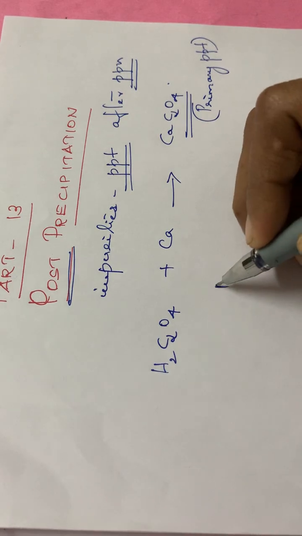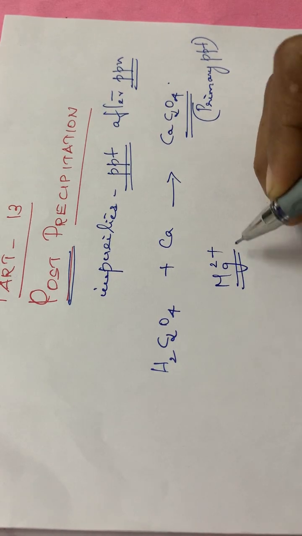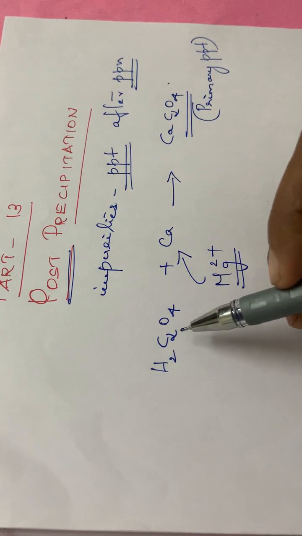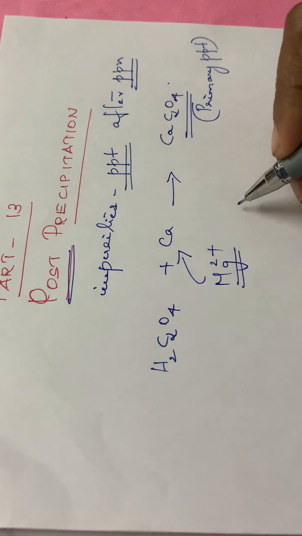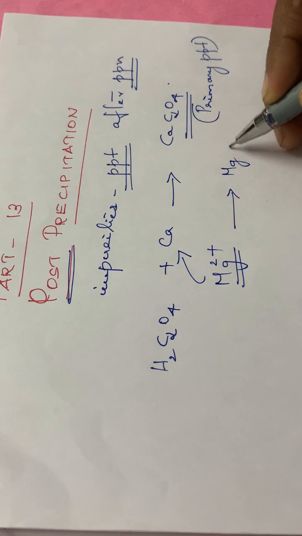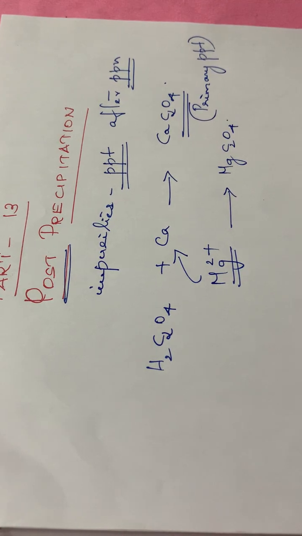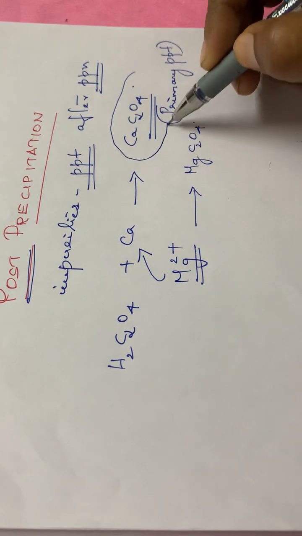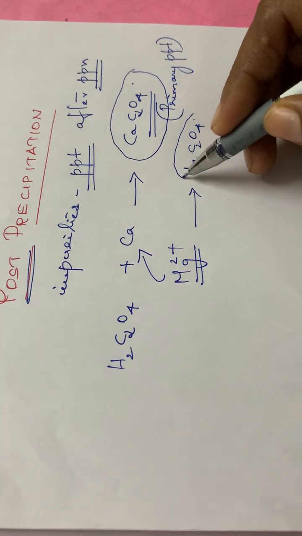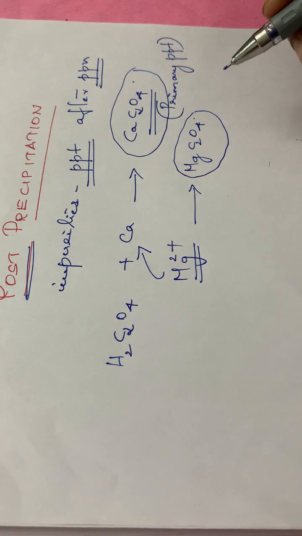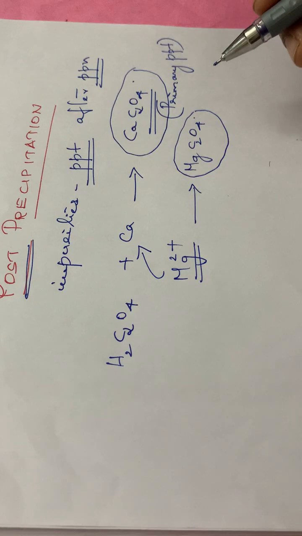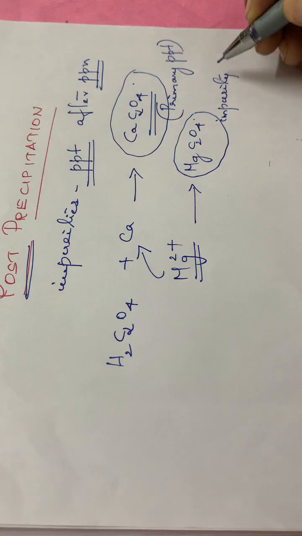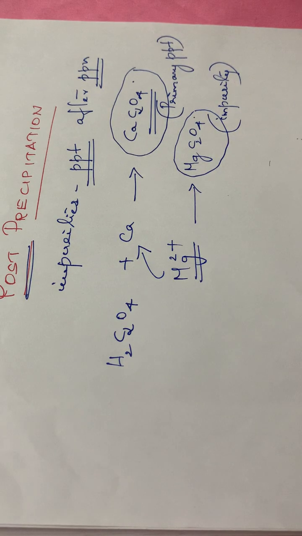If some magnesium ions are present along with the calcium, this magnesium will precipitate with oxalic acid to form magnesium oxalate, MgC2O4. After the precipitation of calcium oxalate, this magnesium oxalate will also be precipitated. Here the impurity is magnesium oxalate.